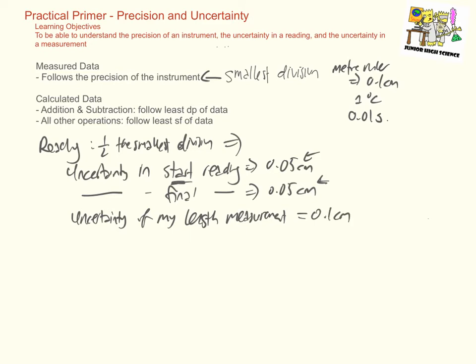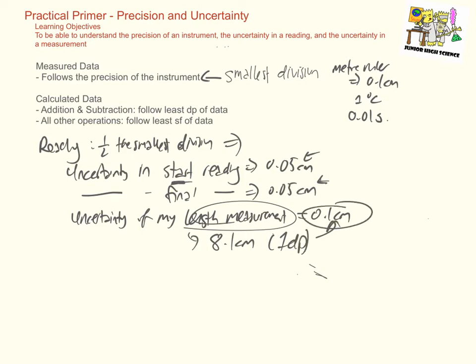So this is the reason why in any length measurement, you are being told to record your data or your length measurement to say 8.1 cm, correct to 1 dp. The reason is because of this uncertainty that you incur in making a length measurement, which requires 2 readings to get.